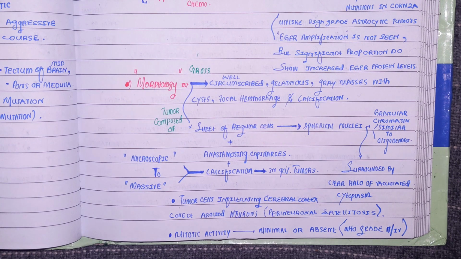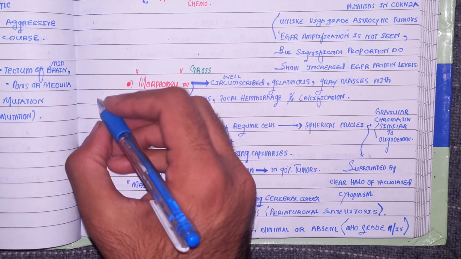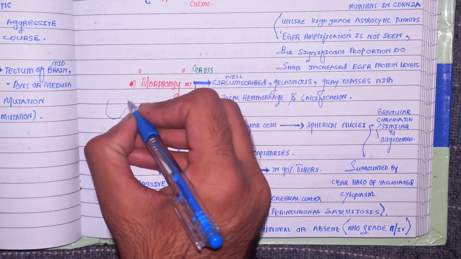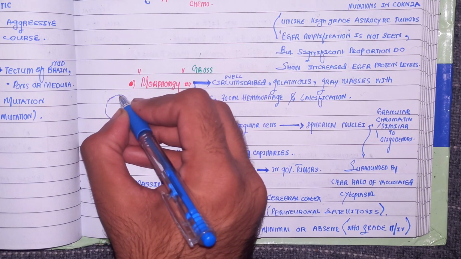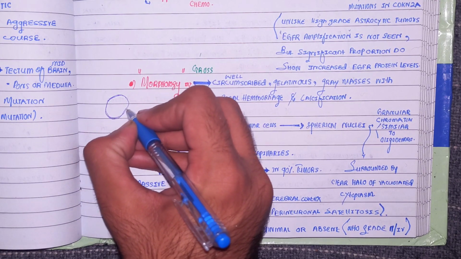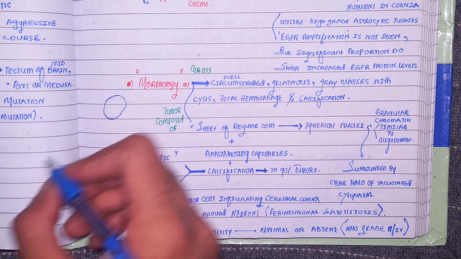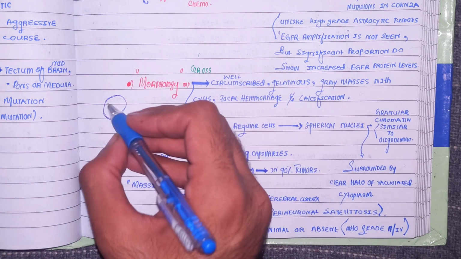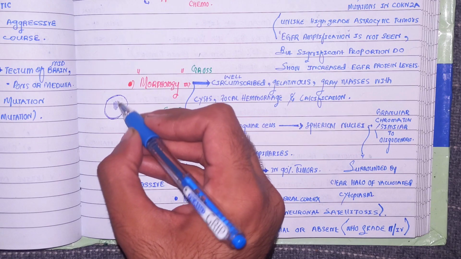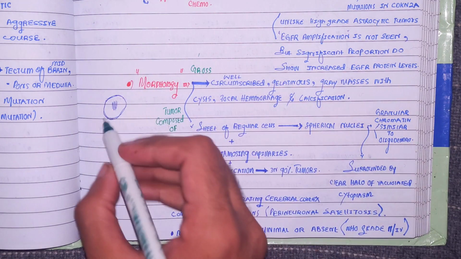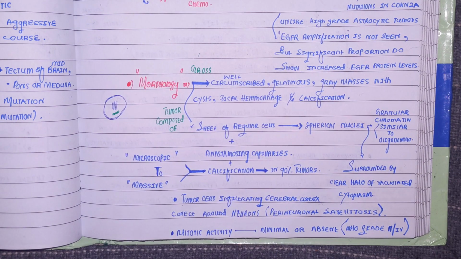So actually what I'm trying to say beta here is the tumor is very well circumscribed, just like your pilocytic astrocytoma. It's gelatinous gray mass with cyst and areas of hemorrhage and areas of calcification, right?